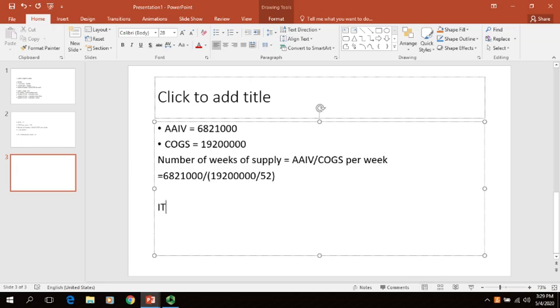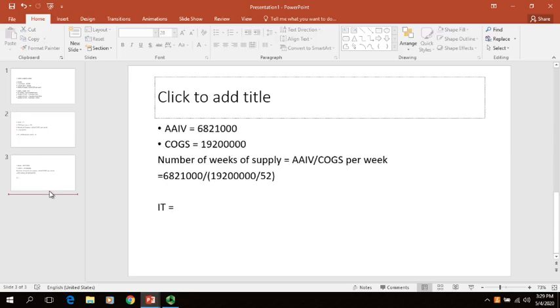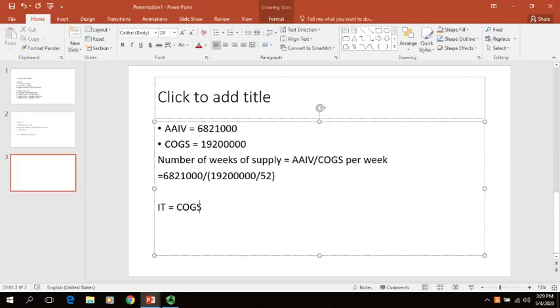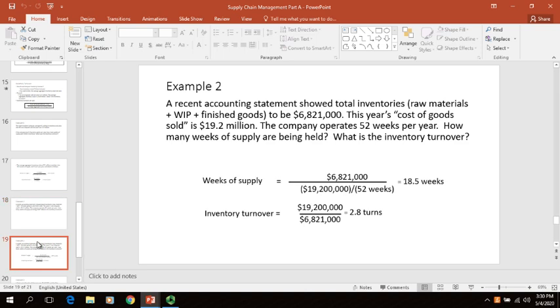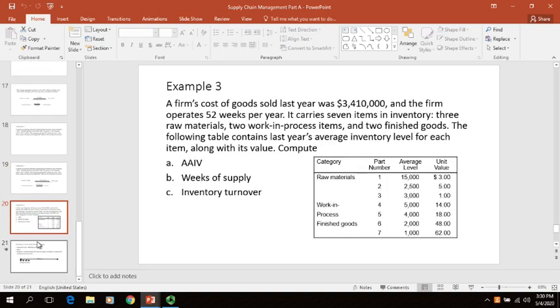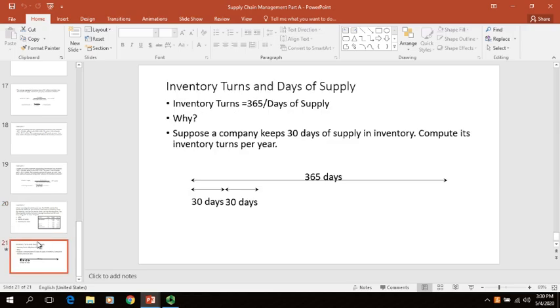The second question was inventory turnover. The formula for inventory turnover is the cost of goods sold divided by AAIV. So it's 19.2 million divided by AAIV, 6,821,000. Now this one I left as an in-class assignment, so you can try this on your own.